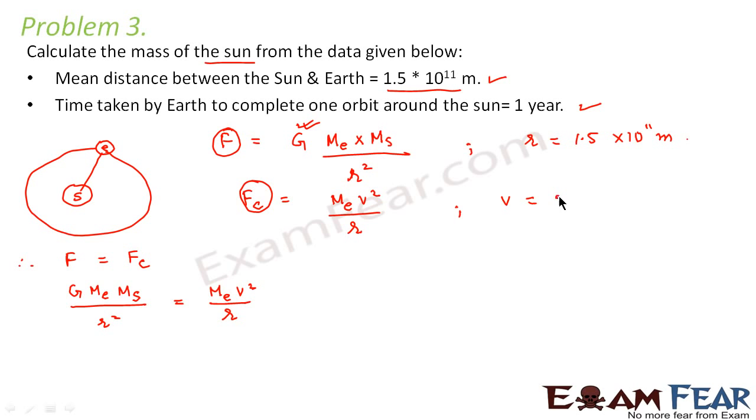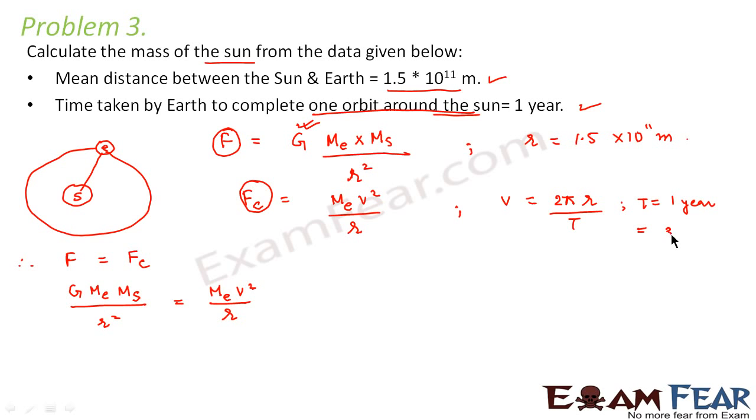The distance travelled would be 2 pi r, where r is the distance between the earth and the sun, because 2 pi r is the circumference of this circular path. So that means 2 pi r divided by the time taken to complete one orbit. The question says that the time taken to complete one orbit is 1 year, that means t is equal to 1 year.